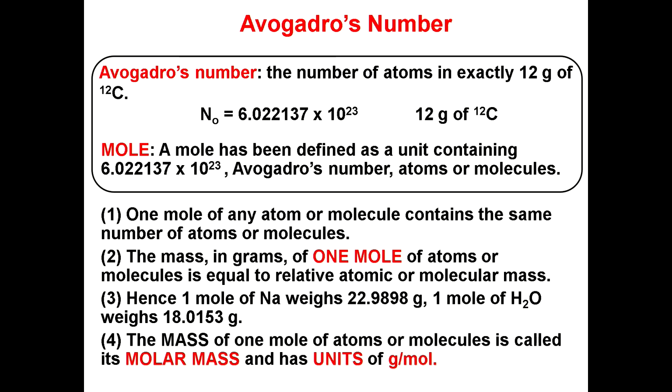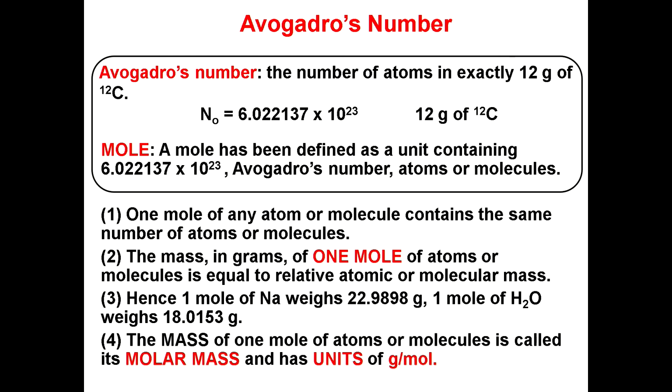Here we introduce Avogadro's number. So how to learn this number. This number means the number of atoms in exactly 12 grams of carbon. In 12 grams of carbon, we can get the number of atoms from some experiments, and the number of atoms is this number.